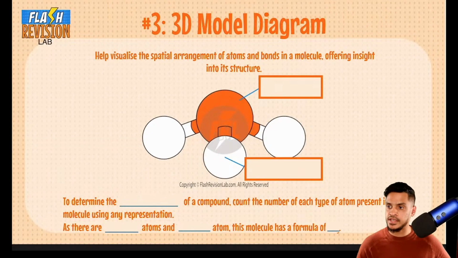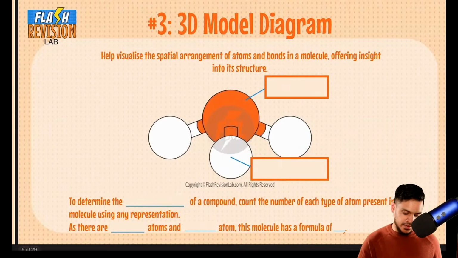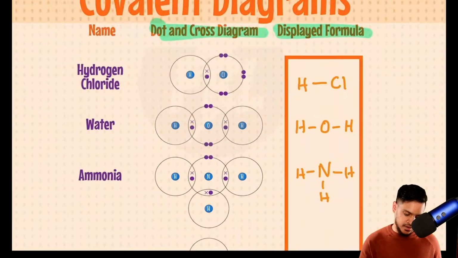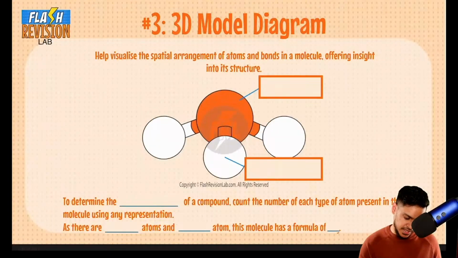But I've seen questions where they show you one and ask you to figure out the molecular formula of this. These are good because they allow you to see the 3D arrangement of the molecule, whereas with the other two you can't really see the 3D structure. So this here is basically ammonia. This is NH3.